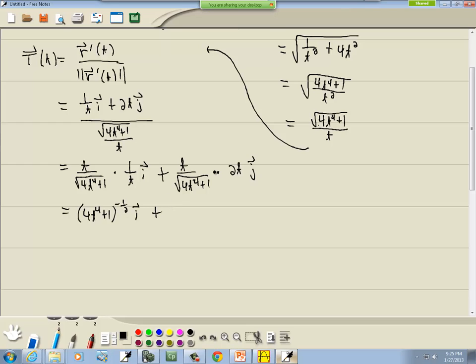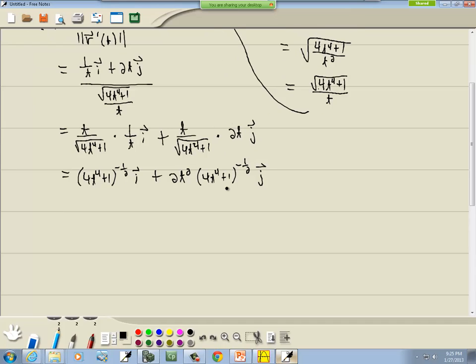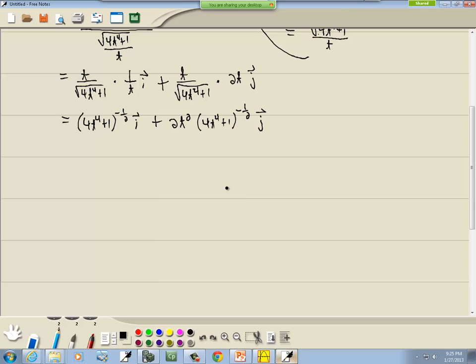Plus, t times 2t is 2t squared, and I'll take the square root up on top. And that gives us 4t to the 4th plus 1 to the negative 1/2 j.